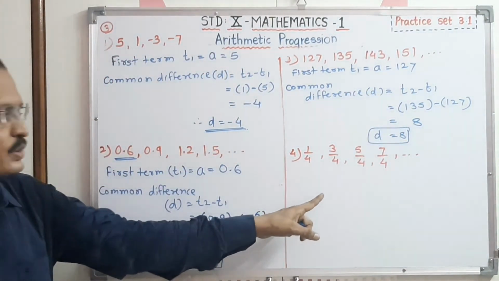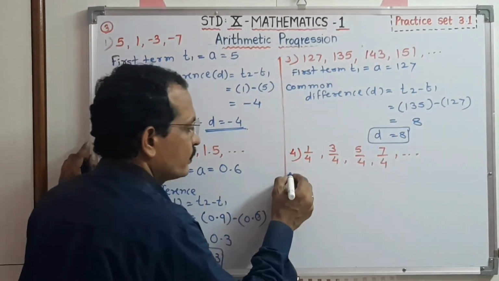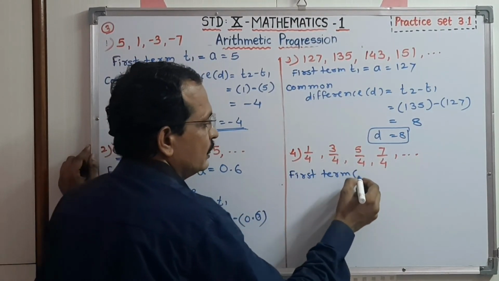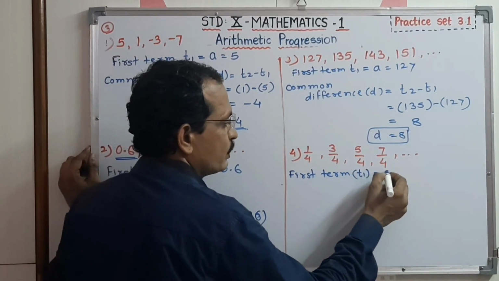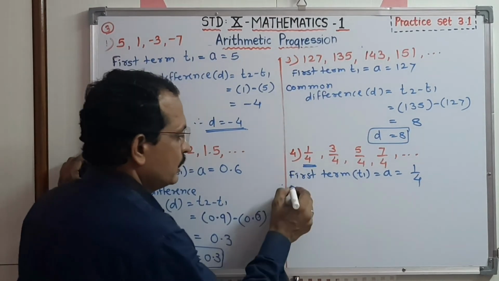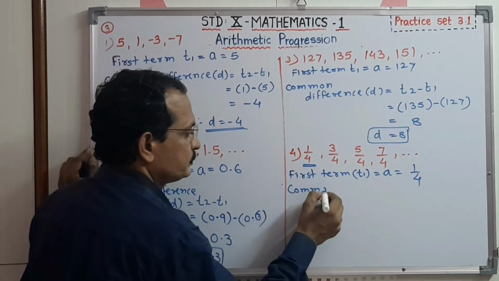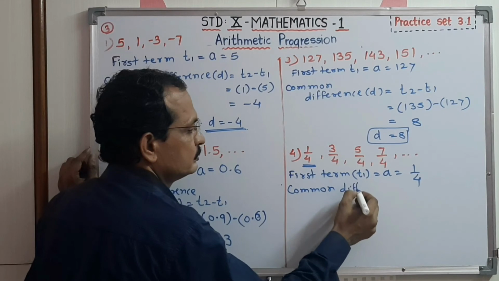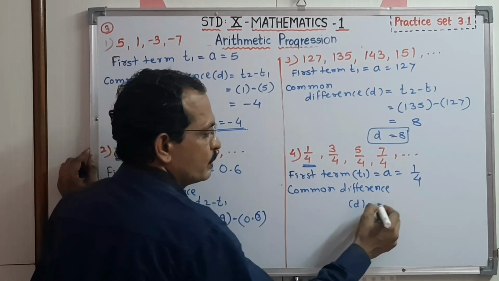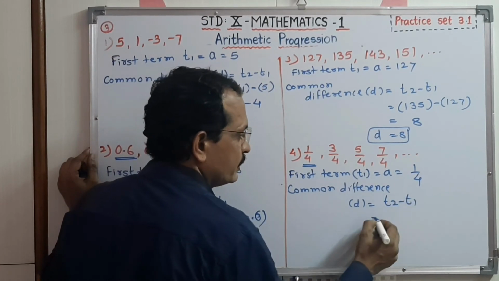See the last one, that is the fourth one. First term, T1 is equal to A is equal to 1 upon 4. This is the first term. Then common difference D is equal to T2 minus T1.